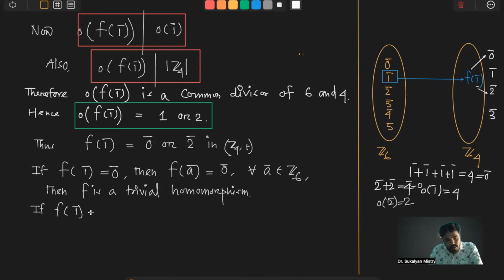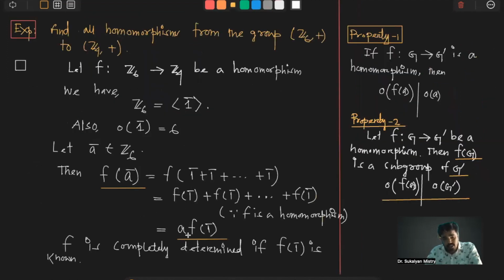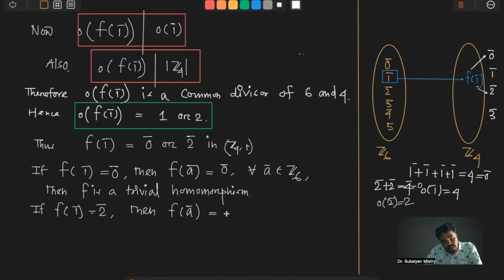if f of 1 bar is 2 bar, then f of a bar is equal to, what do we get, f of a bar is f of a times 1 bar, which is a times 2 bar, for all a bar belongs to Z6. Obviously this is a homomorphism, right? f of a bar is equal to a 2 bar.